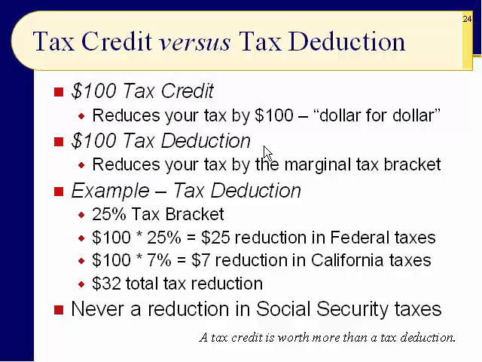So what would you rather have? A tax credit for $100 or a tax deduction for $100? Well, obviously, you'd like to see a tax credit because that $100 deduction is only going to reduce your taxes by whatever your marginal tax rate is. And I'm saying 25 and 7, even though there really isn't a 7 in California. It's 4, 6, 8.